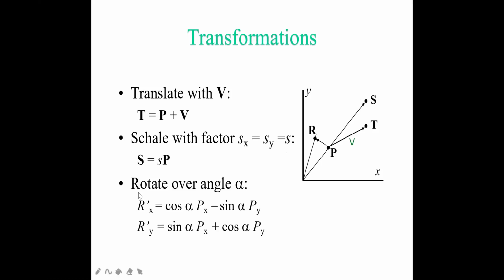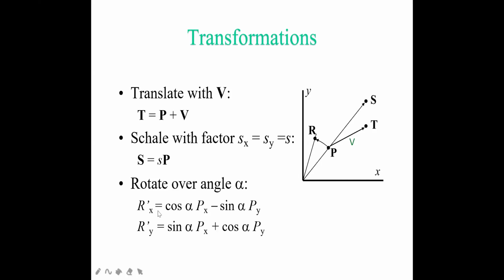Now next is your rotation. How are you going to rotate? Suppose I take the angle as alpha. I already have the formulas which I have used, so we are going to apply that formula. My point is P. If the point moves along your x-axis, it is called Px, and if it moves along your y-axis, it is called Py.